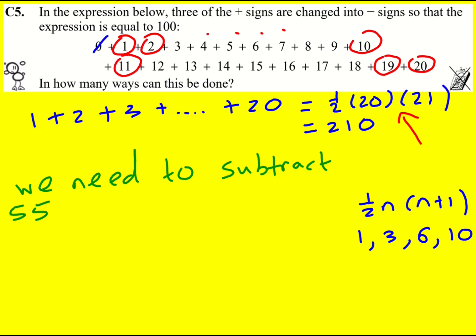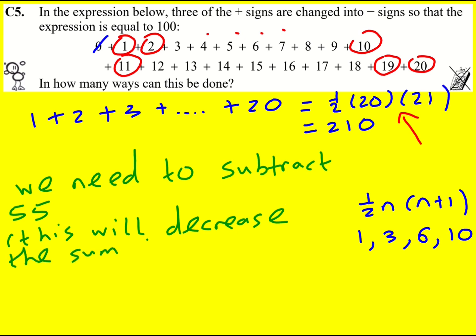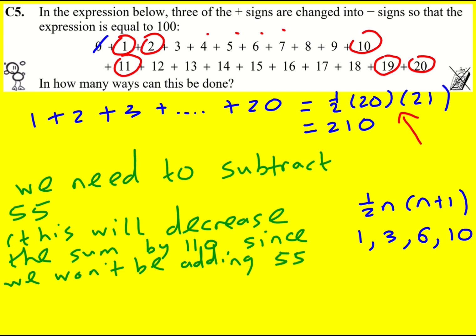So we'll have the net effect of decreasing the sum by 110. Okay, I think that's enough explanation for where that comes from. Right, now how can we get 55?